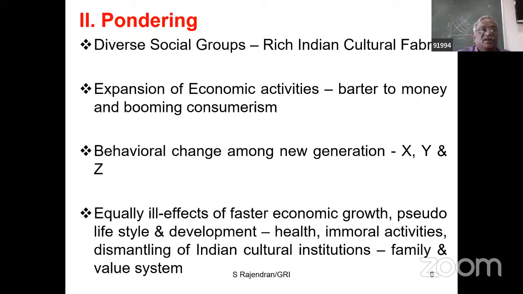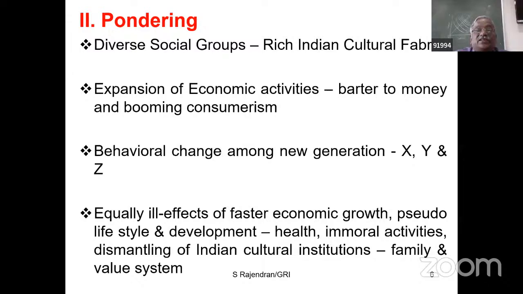That is a bothering issue. And of course, the other dimension of the development is booming consumerism, which equally leads to ill effects on the faster economic growth, like pseudo lifestyle and development, adverse health impact, increase in immoral activities, dismantling of Indian cultural institutions.